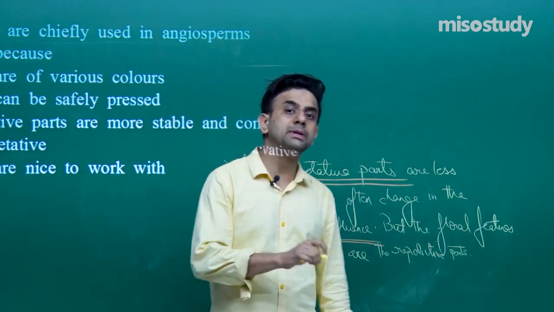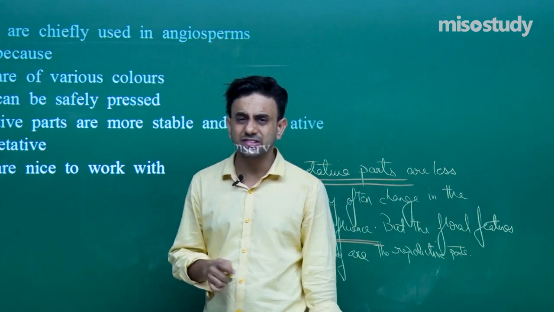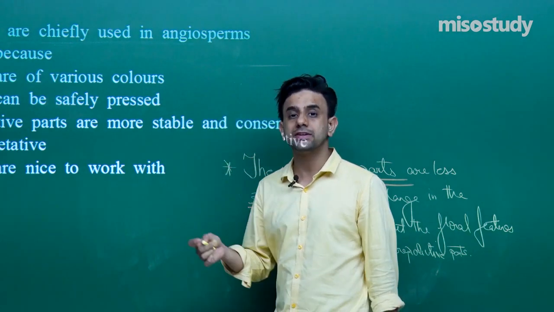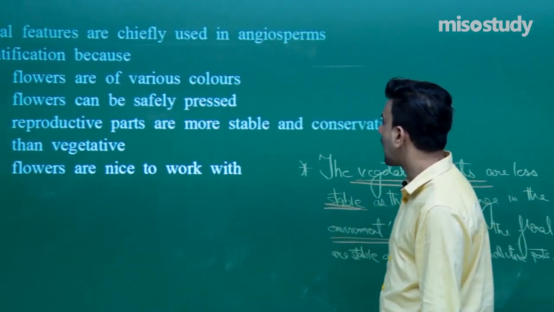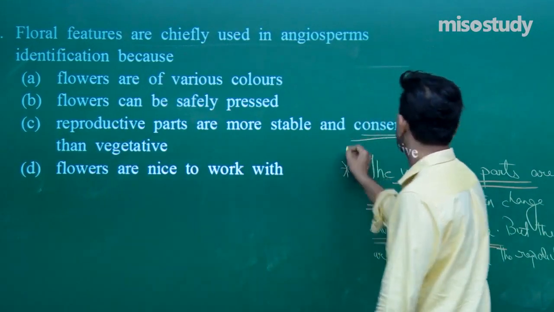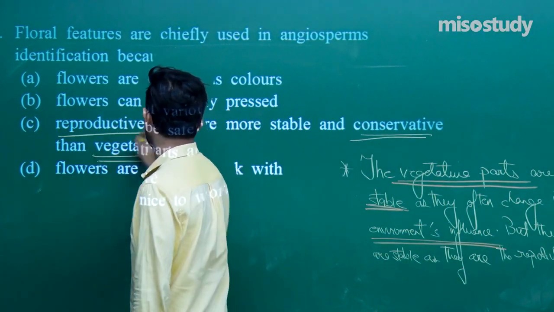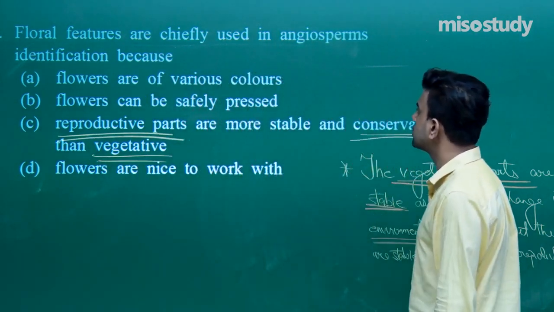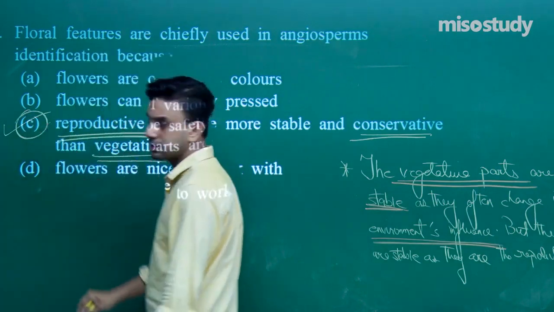We cannot say completely not influenced, because there are many examples, but we can say there is more stability because they are relatively less influenced. So the reproductive parts are more stable and conservative than the vegetative ones, and that is why the floral features are chiefly used in angiosperms.